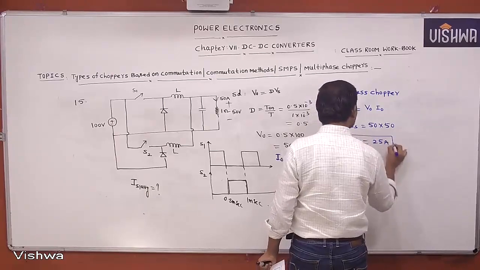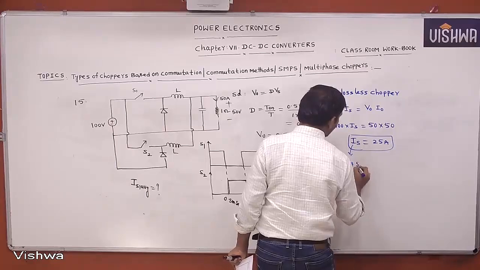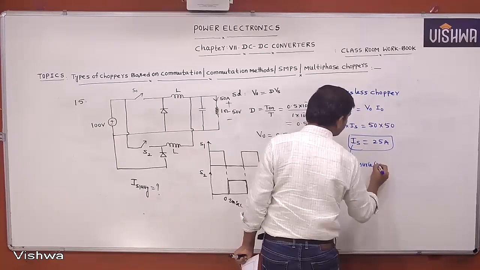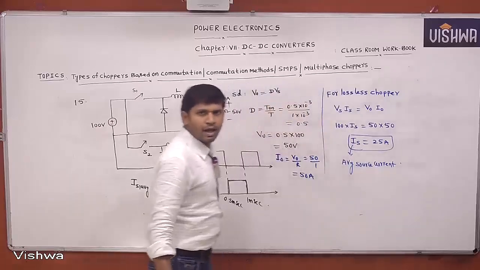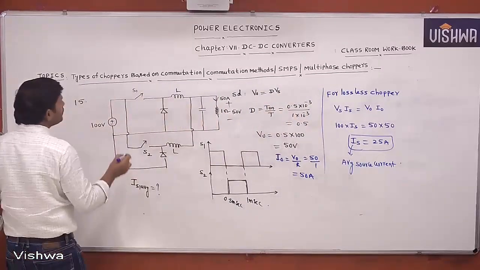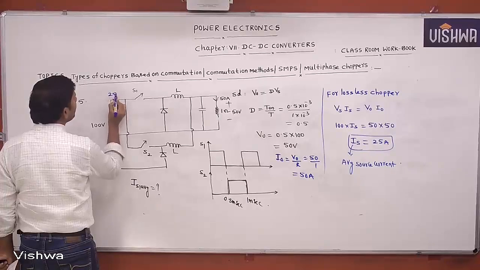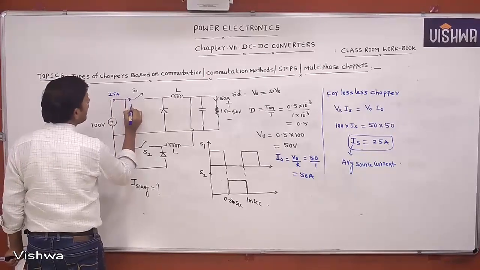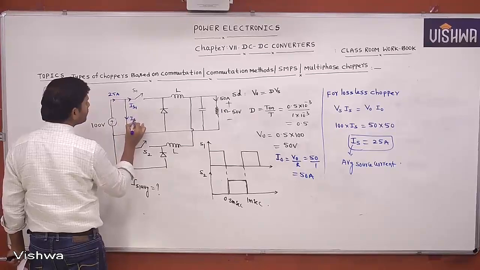This is the average source current. The average source current is 25 amperes. But you want the average value of IS1 and the average value of IS2.